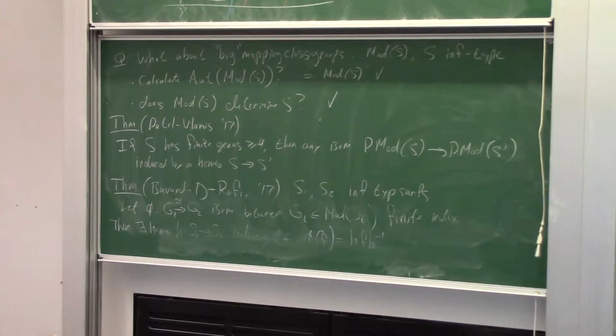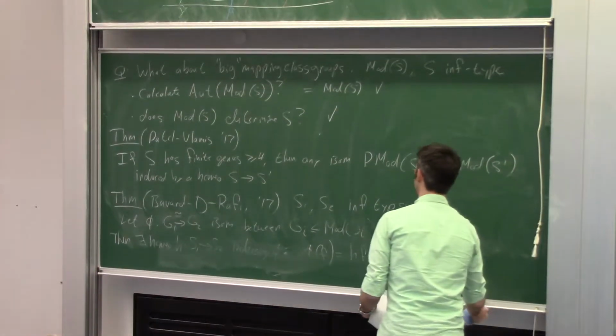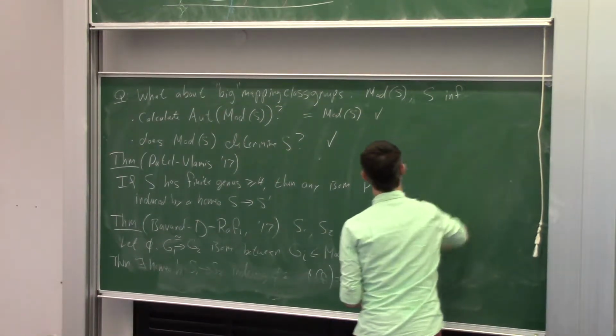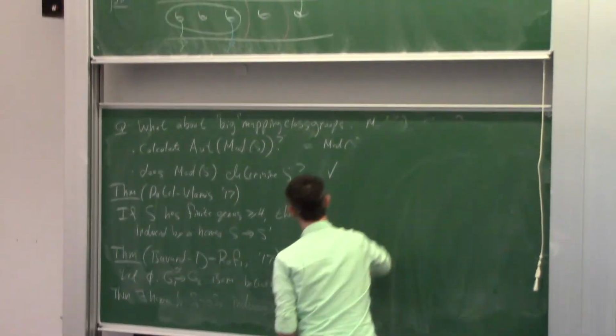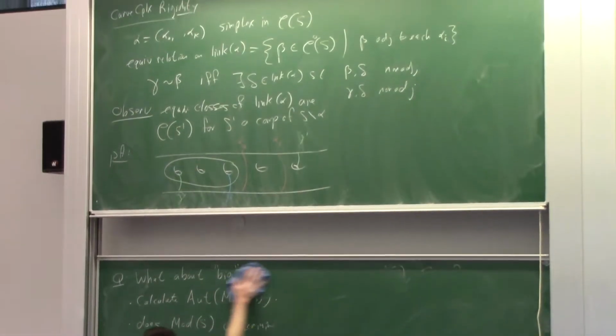All right, so once you know that, you can just prove this rigidity result by some finite type exhaustion of the surface.